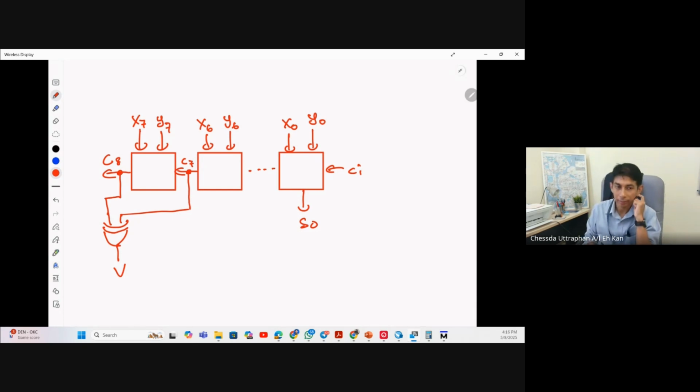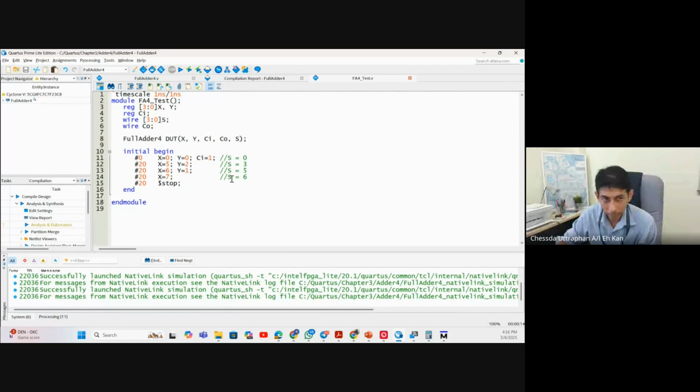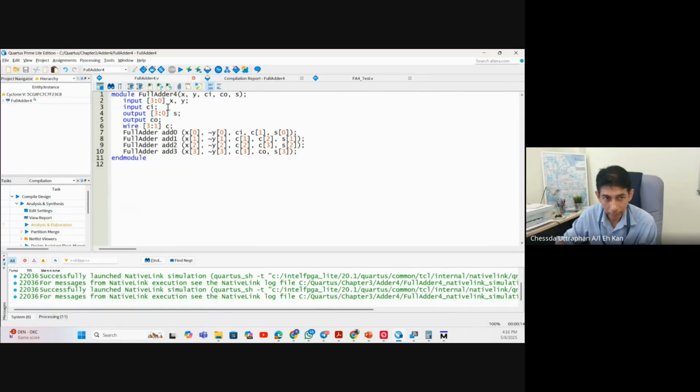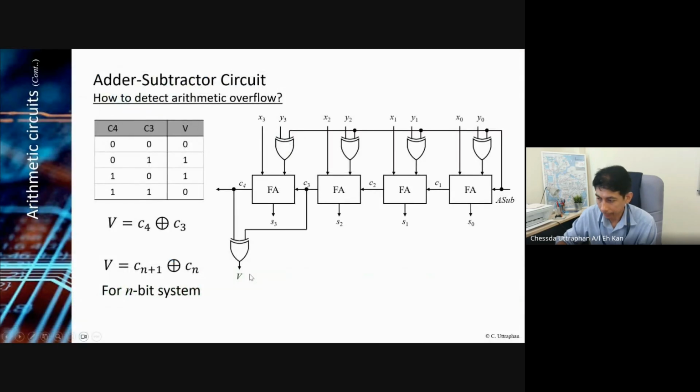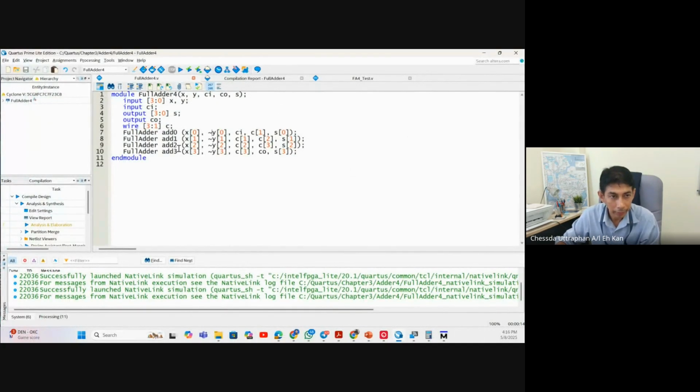So you can check this using Verilog. You can create a Verilog code. For example, in this case, let's do this to detect overflow. We will have one signal called V, right?